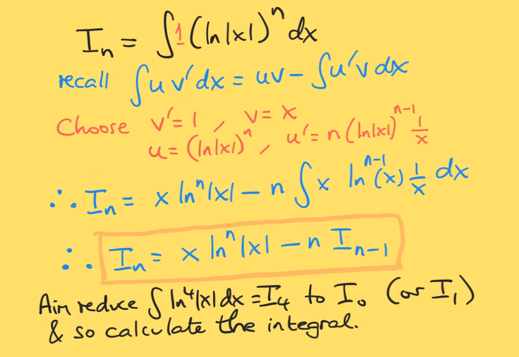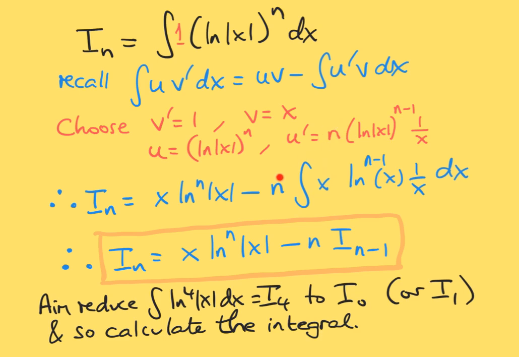This is our integral. u is log of x to the power of n. v prime is 1. This is our integral here, I sub n. u times v is log of x to the power of n times x. That's this term. And then we subtract the integral of the derivative of u, so that's all of this, which I've written here, and n is a constant.